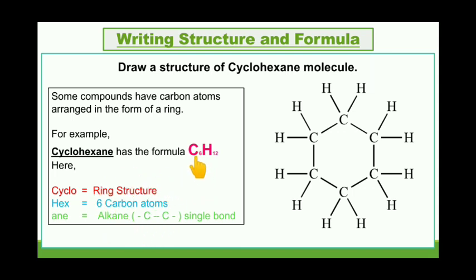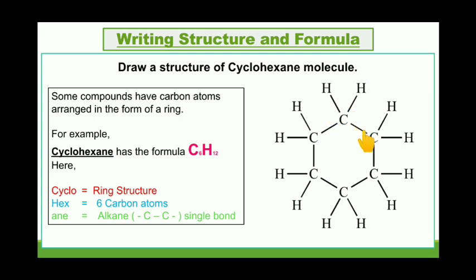Now from this information, can you draw the structure for cyclohexane? Yes. Remember that it is a closed ring structure. So show 6 carbon atoms in the form of a hexagon. Now as it is an alkane, show a single covalent bond between these 6 carbon atoms. Now think of the valency. Each atom should have 4 valency indicated by 4 lines.